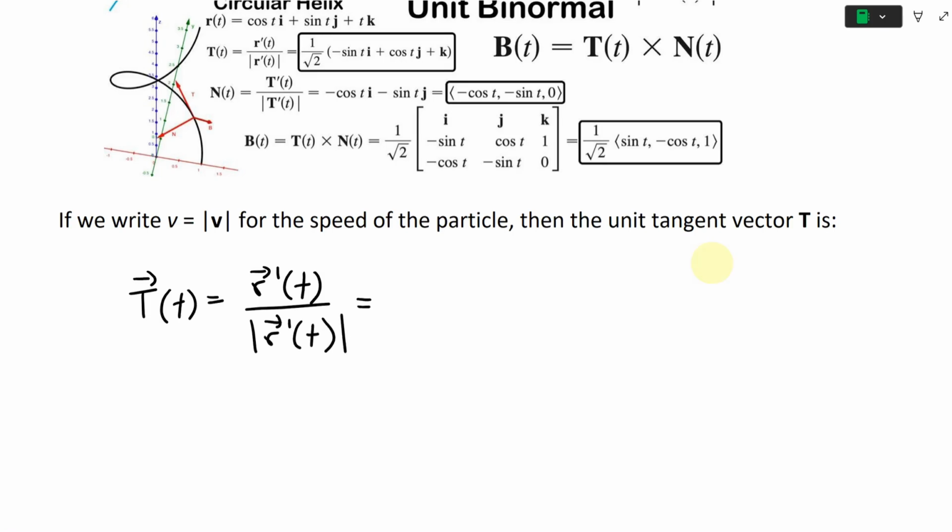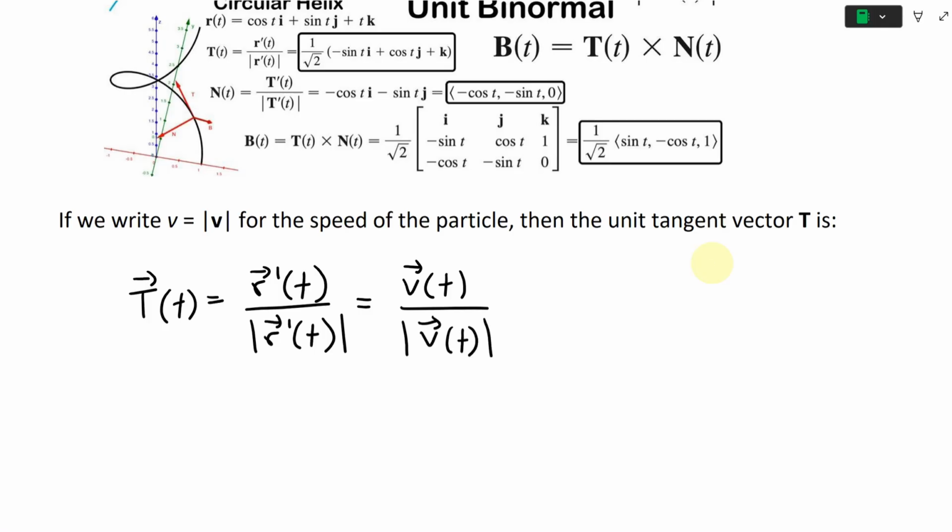Now remember, velocity is just the derivative of the position vector. So this equals the velocity vector v of t divided by the magnitude of the velocity vector.